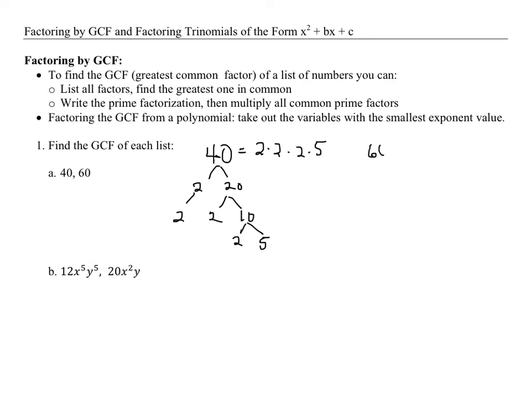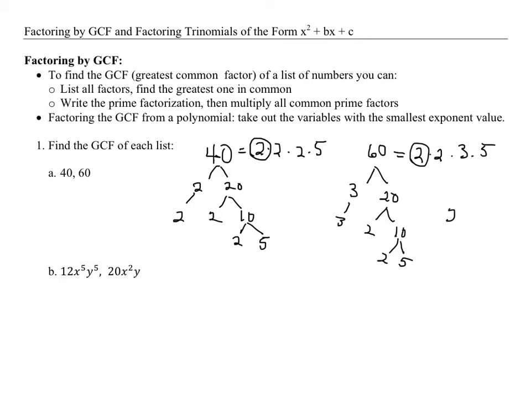And the prime factorization of 60, we can do the same thing. 3 times 20, 2 times 10, 2 times 5. So it's 2 times 2 times 3 times 5. And we're going to circle the common prime factors, a 2 here, a 2 here.